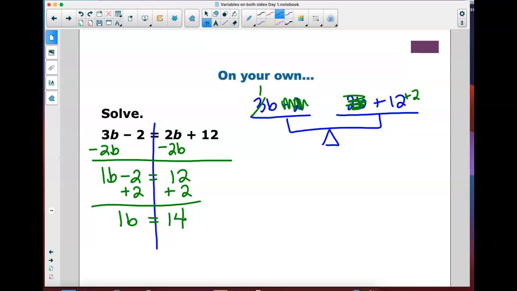Finally, the answer is 14, right? Divide by 1 doesn't change it. B equals 14. Questions there? Any questions on that?